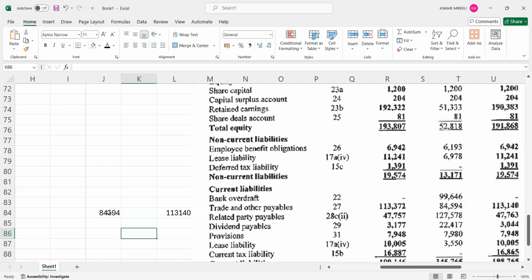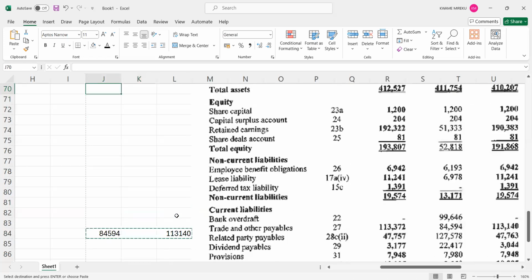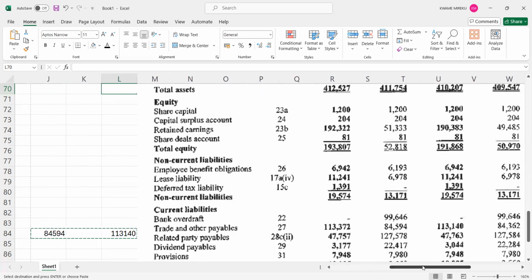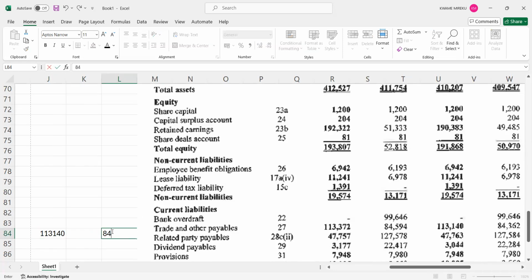Please, somebody should check out the cost of sales figure for me so that we can get it fast. The first one is the 113, then you have 84,362.